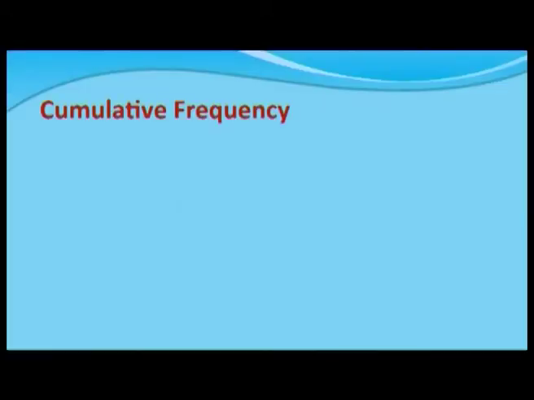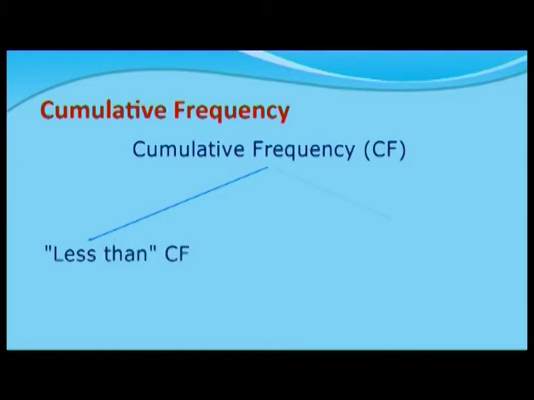The frequencies so obtained are called cumulative frequencies, abbreviated as CF. The laws used are of less than and more than type, giving rise to a less than cumulative frequency distribution and a more than cumulative frequency distribution table.